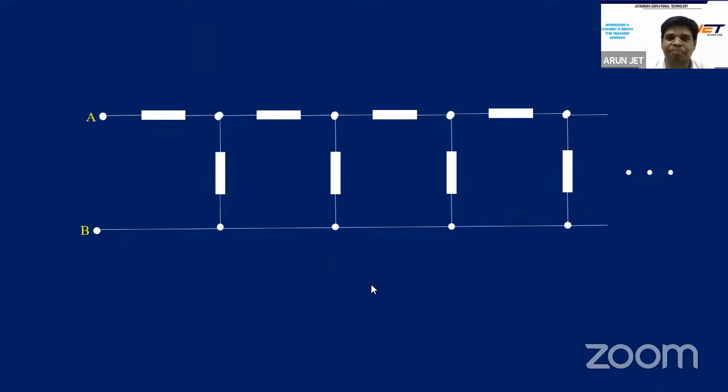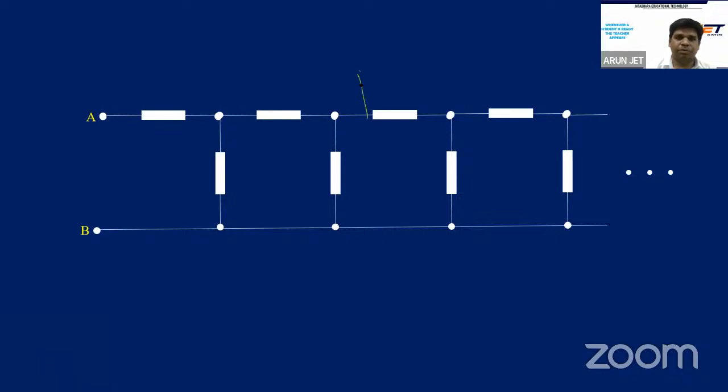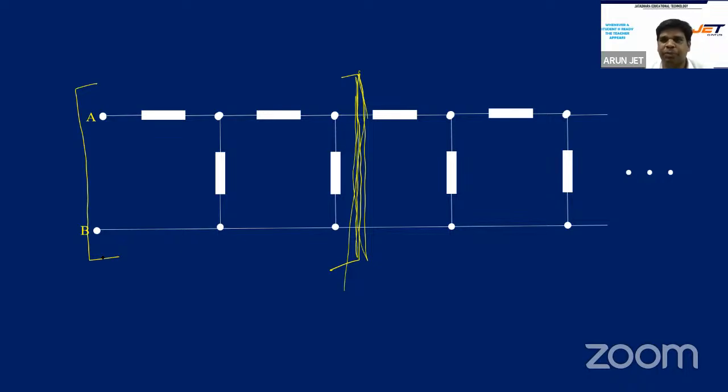This ladder is here. So I have to find the equivalent resistance between A and B. That is the question. Till now we have seen up to this part, up to one step.